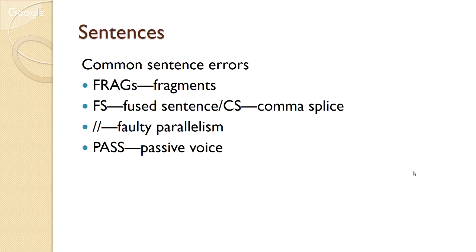That's when you put the object before the verb or the receiver of the action before the action itself. And the effect is to sound a little strange. And it doesn't sound natural to us because we naturally tend to speak in active voice. Although technically, passive voice is grammatically correct.